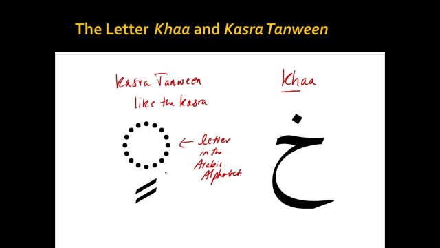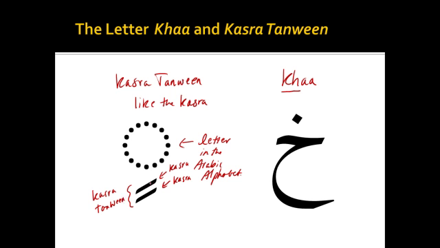And here we have a kasra, and here we have another kasra. So we're writing 2 kasras, one on top of the other, and we call this Kasra Tanween.